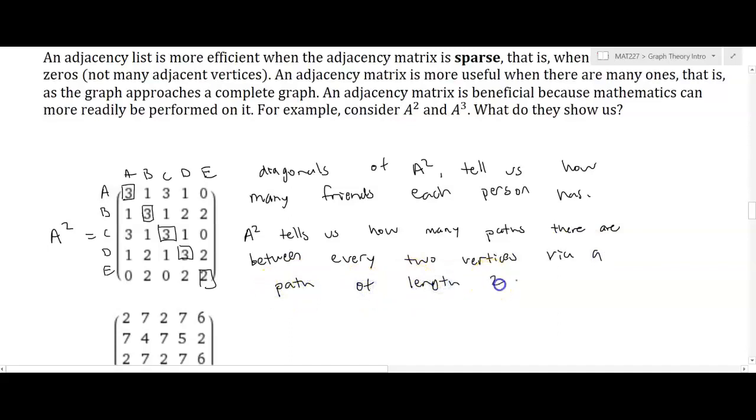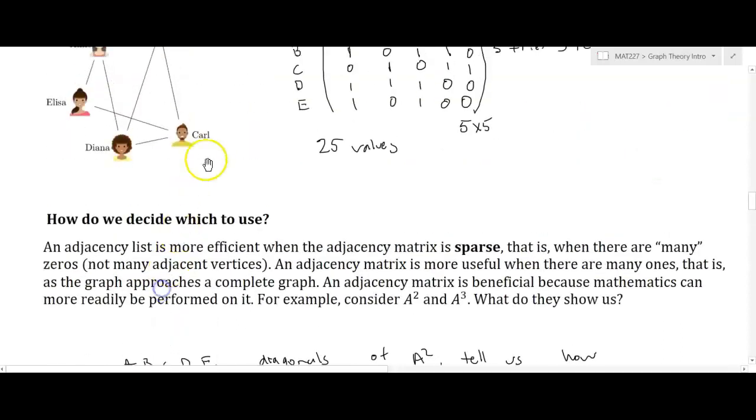So what we mean is by way of 2 edges. So for instance, even the diagonals, there are 3 paths from A back to A by traveling across 2 edges. And let's see how that would work.